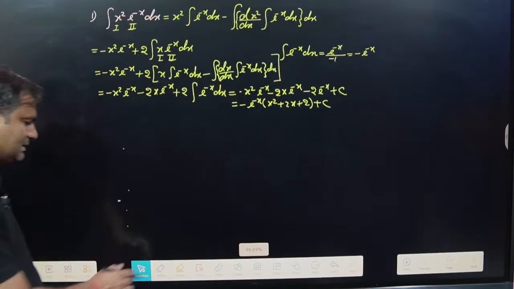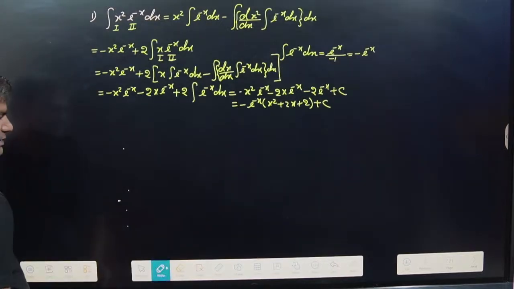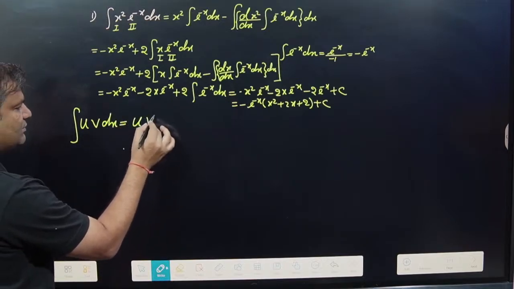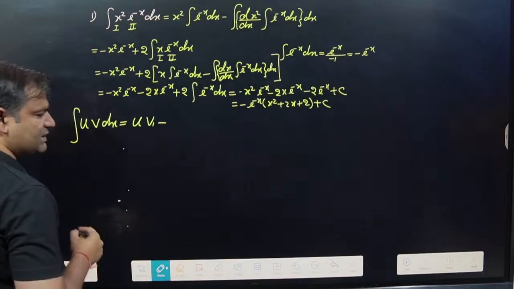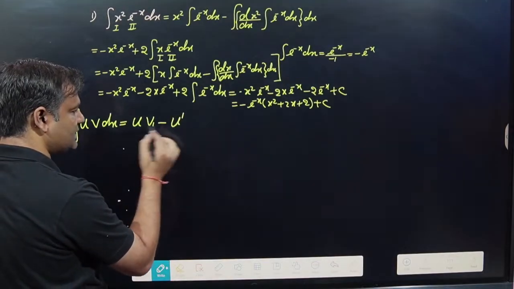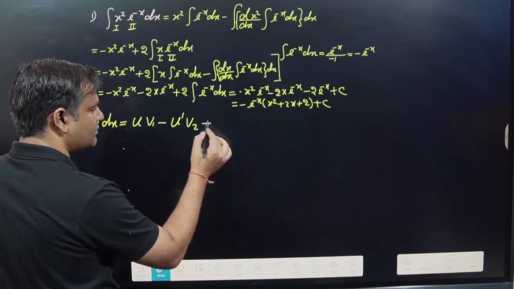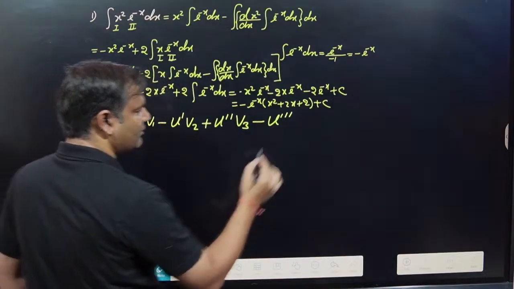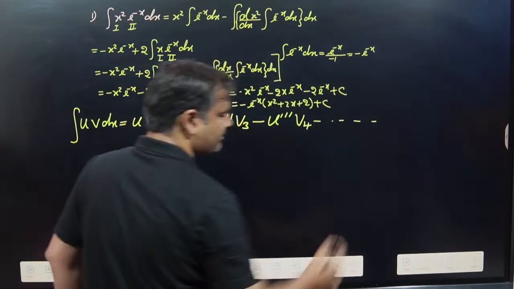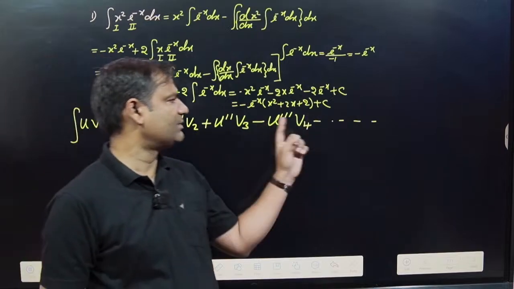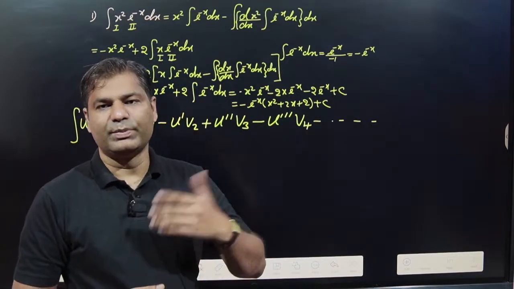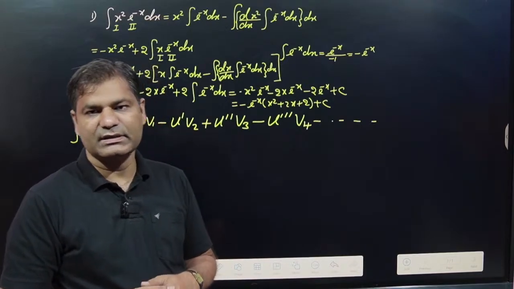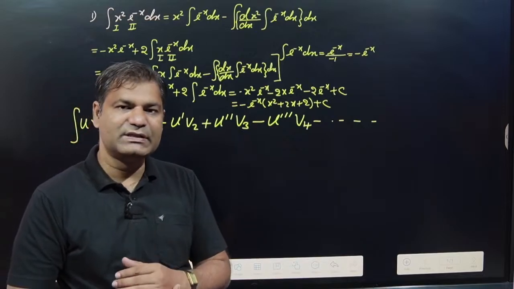Another method means, as I have already discussed, if two functions u and v dx are available, then write u into v1, meaning first the integration of v1, after that differentiation of u into v2 plus u double prime v3, after that u triple prime v4, and so on, with alternating plus and minus signs. Here u prime means differentiation of u, double prime means double derivative of u, v1 means integration of v, v2 means integration of v1.